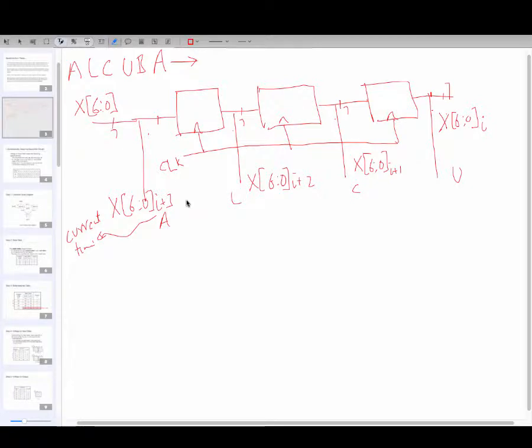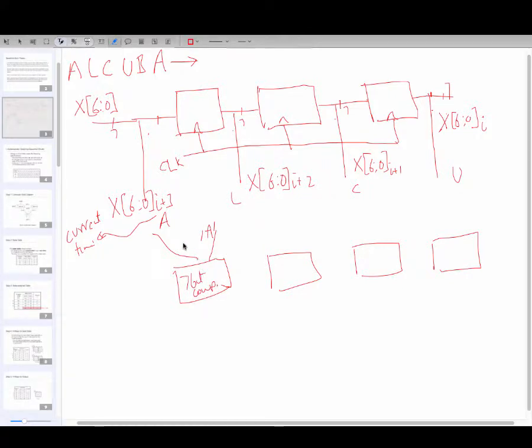If I'm looking for a pattern here, all I have to do is take these things and feed them into a whole bunch of 7-bit comparators. I'm going to compare this against A. These are equality checkers, and if all I want is an equality checker, what do I use? XOR gates, right? So it's a very simple implementation.